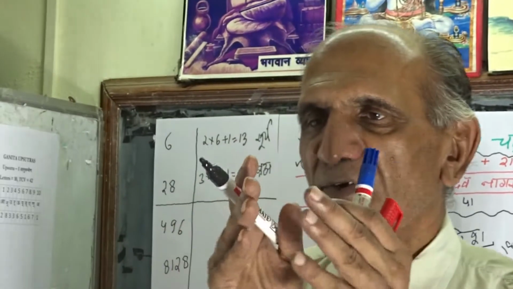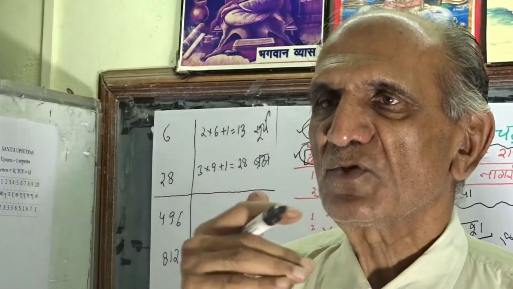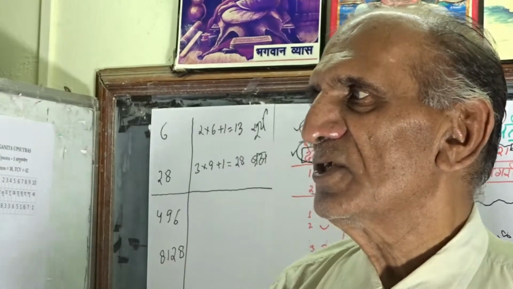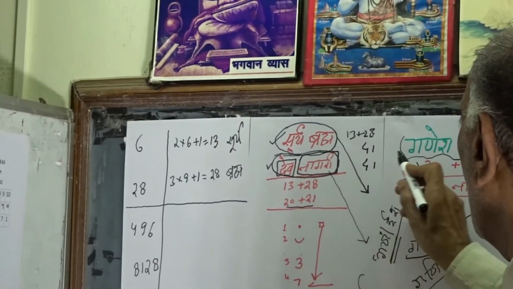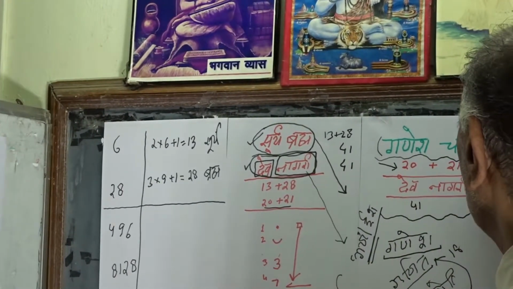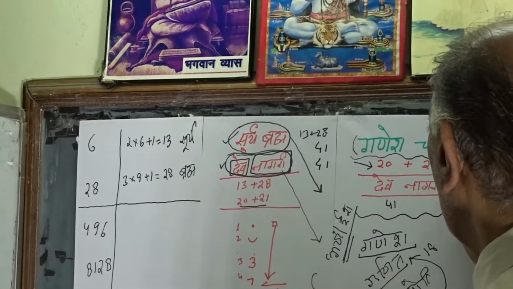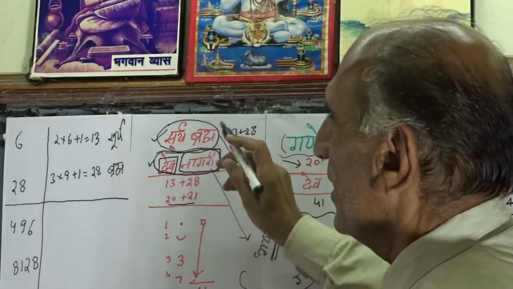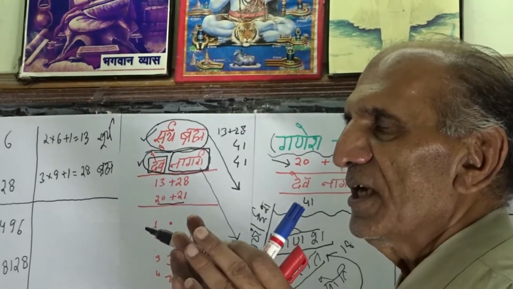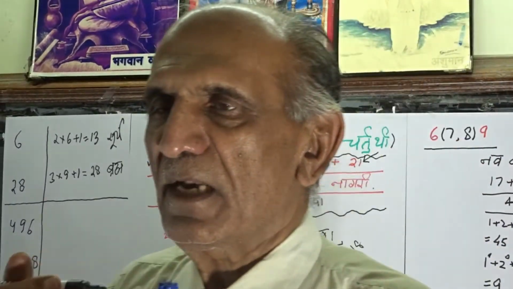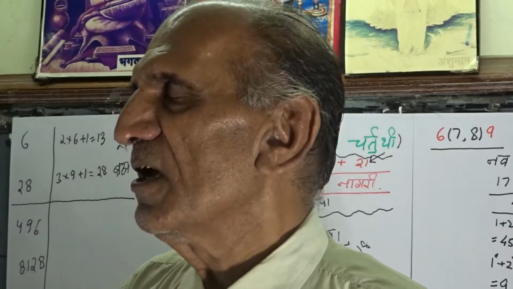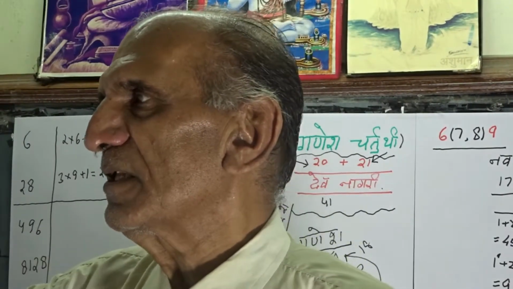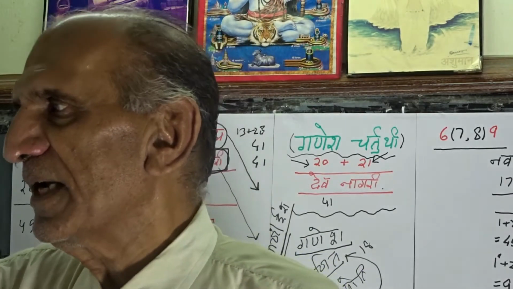Let us permit our transcending mind to be face to face with these organization format features of formulation Surya Brahm, formulation Devanagari and formulation Ganesh Chaturthi. Ganesh Chaturthi, Devanagari, Surya Brahm are the formulations in terms of which we can be face to face with the internal organization format features of Vedic systems, Vedic mathematics and Vedic Anka Ganit.